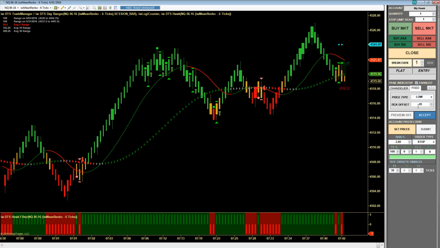Oop, it's on the wrong side, so we throw a minus sign in front of that. So now you're running a stop loss of 20 ticks. If we were to take a signal here, this is not a signal, but if we were, that's where our stop would be, and that would be 20% of the daily range that we allow for a stop loss. Or pardon me, that's not 20%. 20% would be a 30-tick stop.